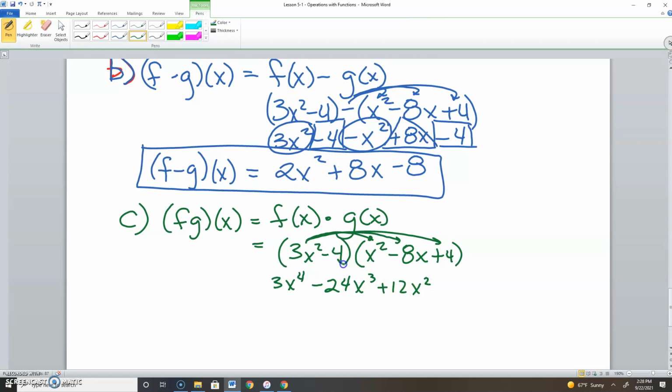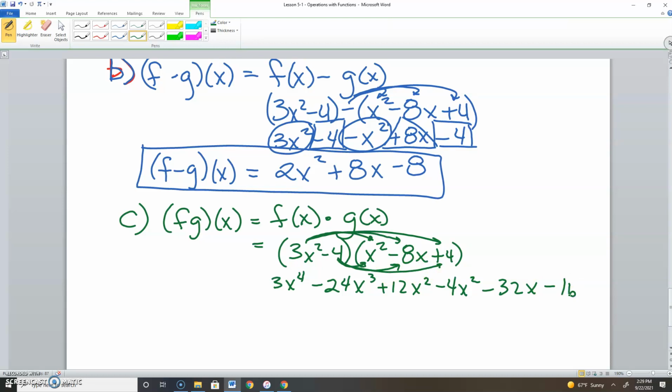Then I've got a negative 4 times x squared, negative 4x squared. A negative 4 times a negative 8x, positive 32x. A negative 4 times a 4 gives me negative 16.